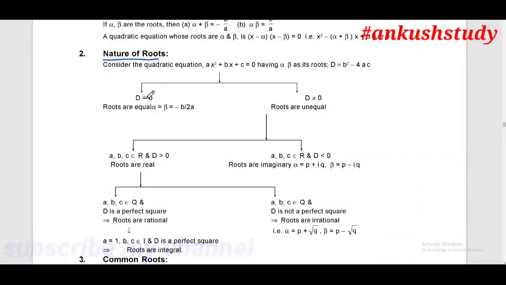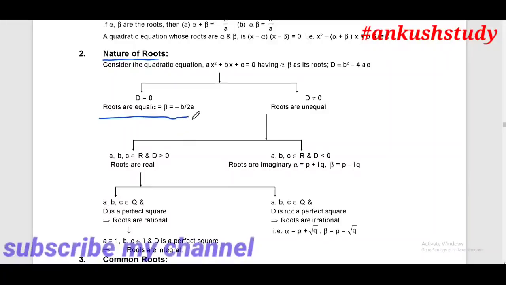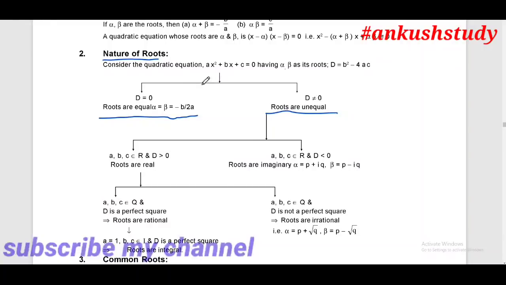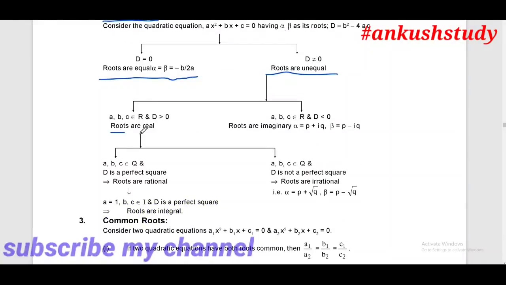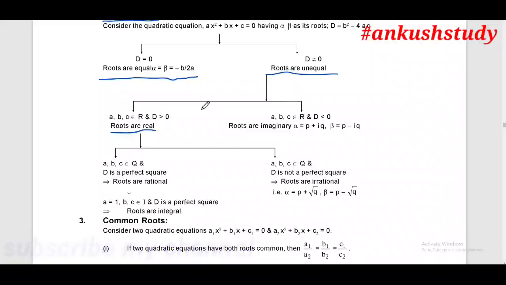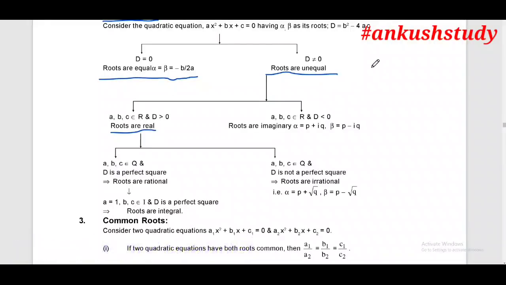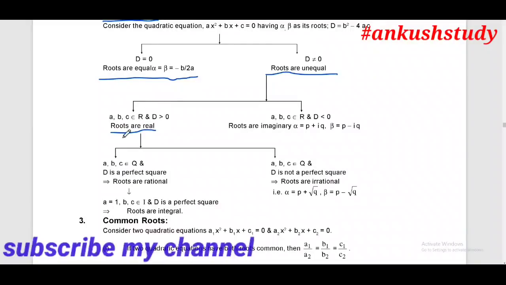So D is equal to 0, roots are equal. Alpha is equal to beta, which is equal to minus b upon 2a. Here roots are unequal, D is not equal to 0. And now see this, roots are real, a, b, c belong to R, and D is greater than 0. So when D is equal to 0, the roots are equal. But when D is not equal to 0, roots are unequal. So as simple as that.